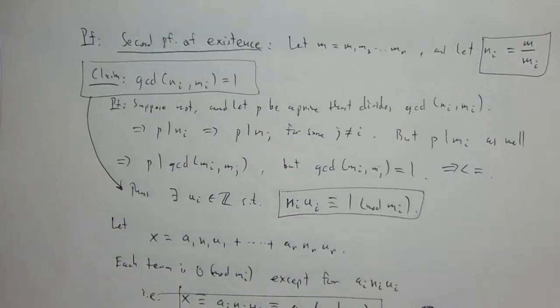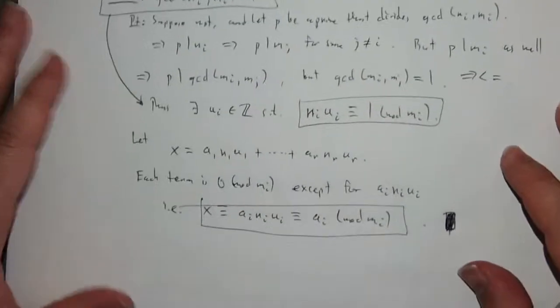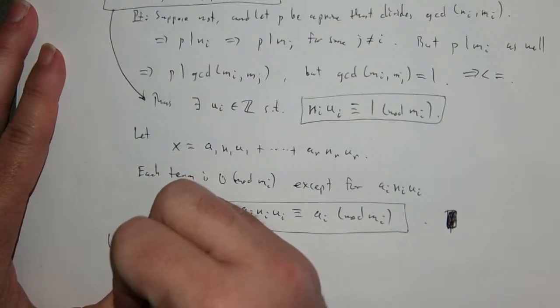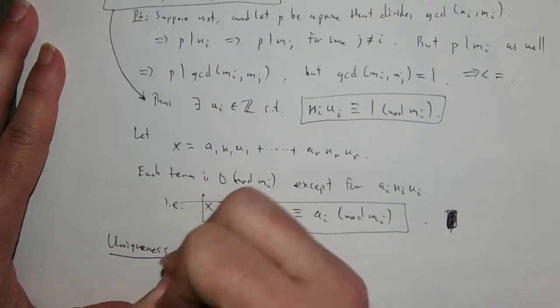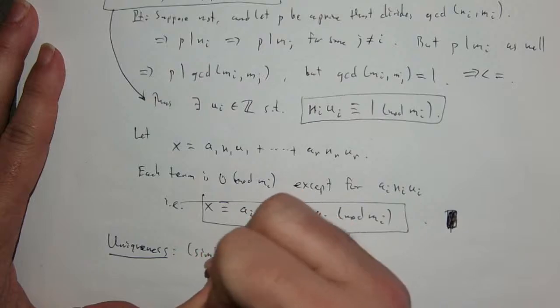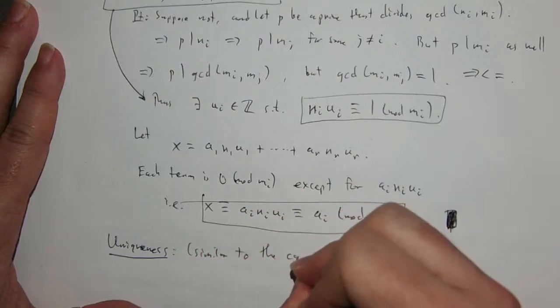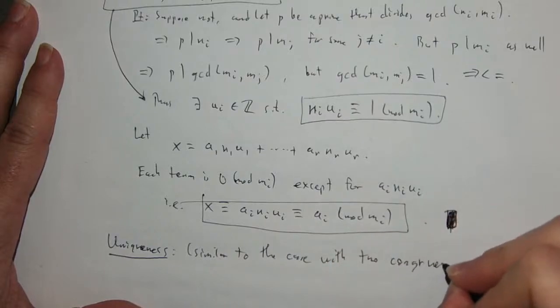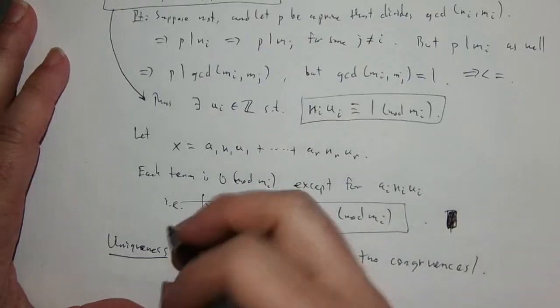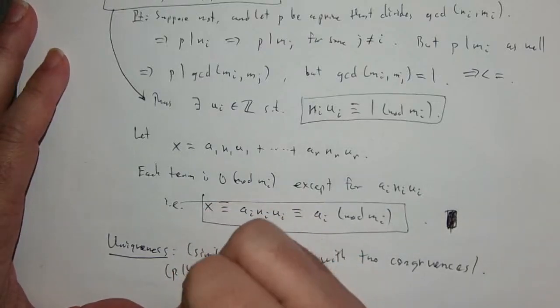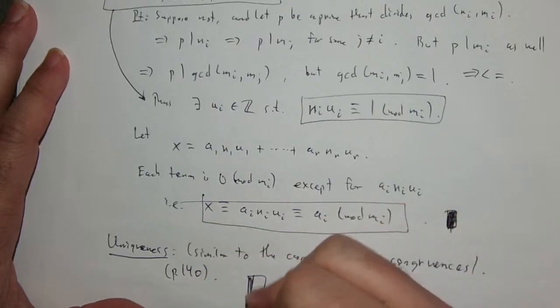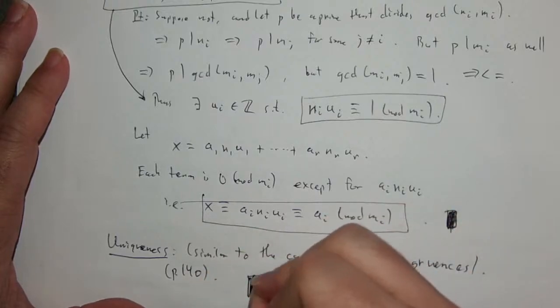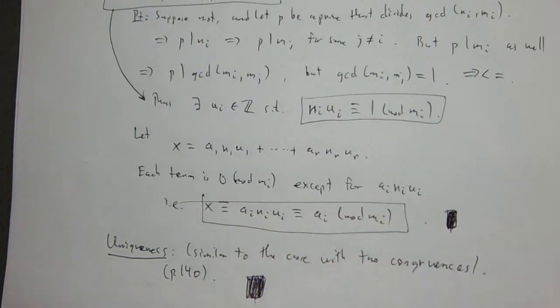So that was a little bit tricky. Technically, I need to prove uniqueness, so for uniqueness, I'm just going to say this is similar to the case with two congruences. If you want to have a look at that, this is on page 140. I'm not going to go through that. It's very similar. You just have a product of m sub i's now, but it's the same deal.